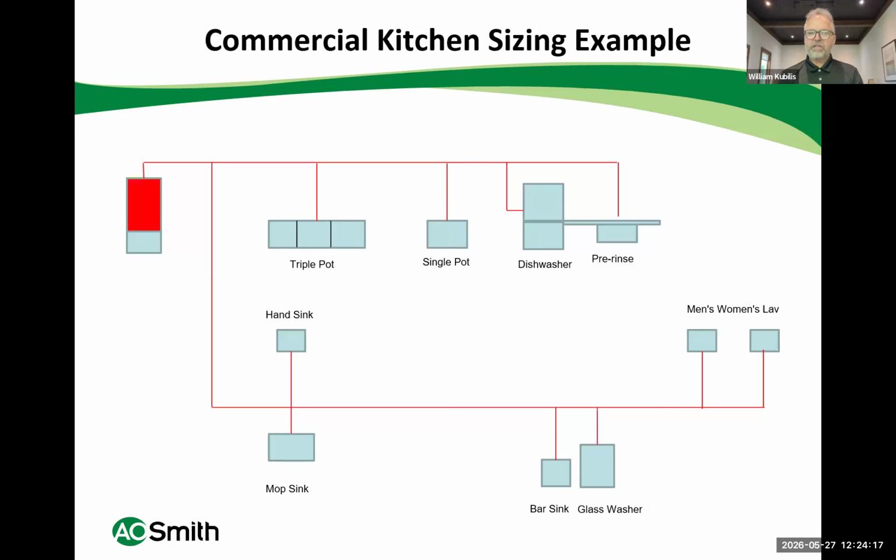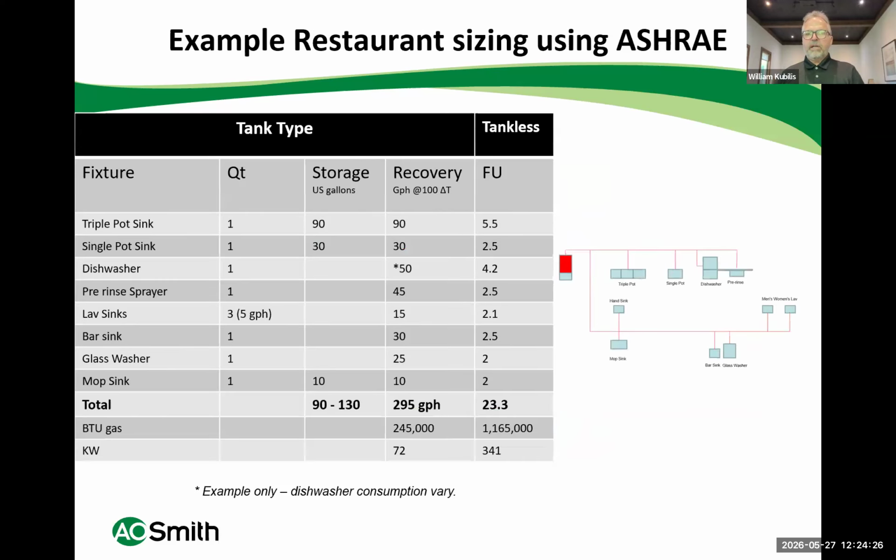I have a hand sink, mop sink, men's and women's washrooms, bar sink, and glass washer. So what I did here is make my list up, which I find pretty much every engineer does, make a list and provide that to us. And then I decide, having made my list of sinks and so forth.